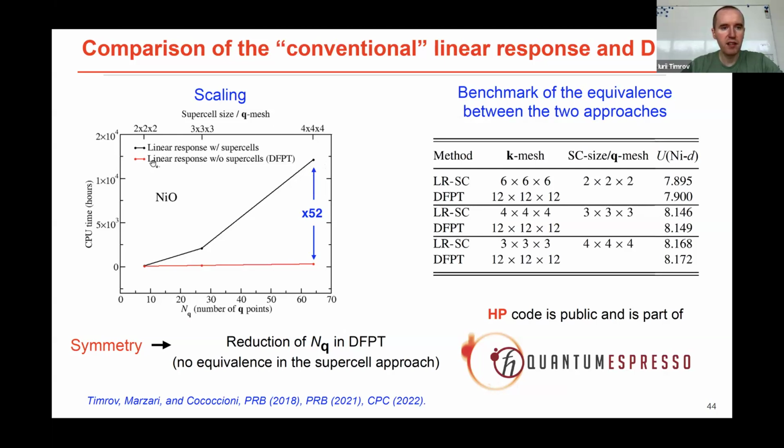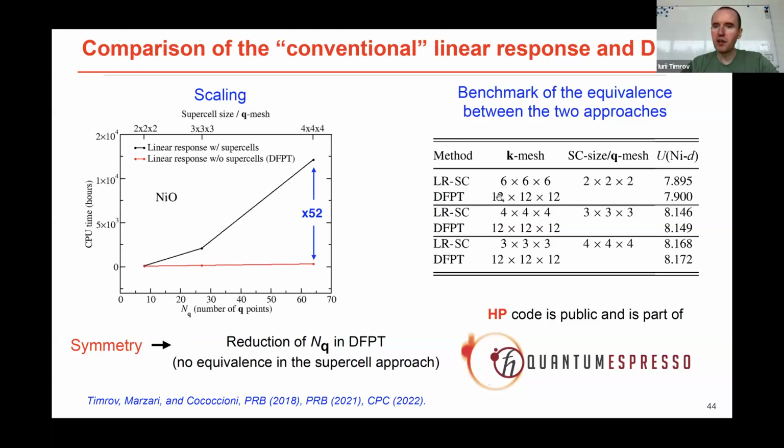And the red one is the new one, when you use linear response without supercells, with DFPT. You see the speedup could be 52 times for the supercell size 4x4x4, or equivalently the Q grid 4x4x4. So you need to use Q point grids, and the size of the Q point grid corresponds to the size of the supercell. And if you use symmetry, you can speed up even more.